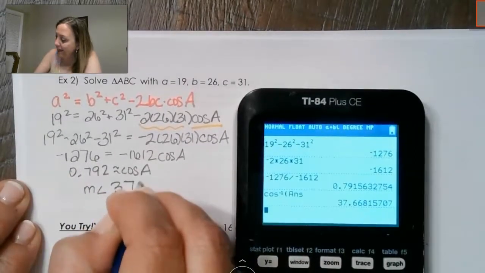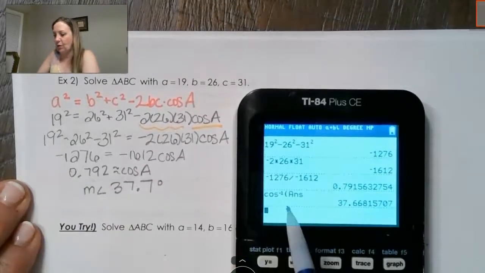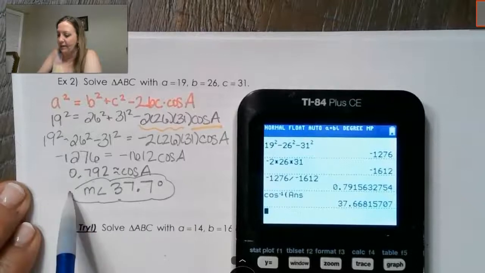I didn't inverse cosine 0.792; I always use the whole decimal whenever I can.